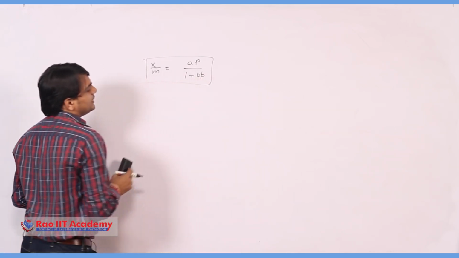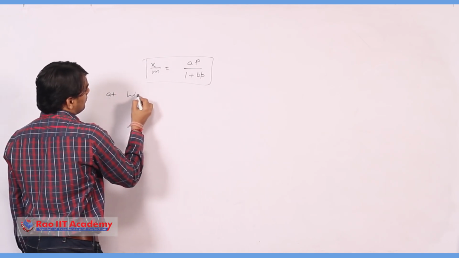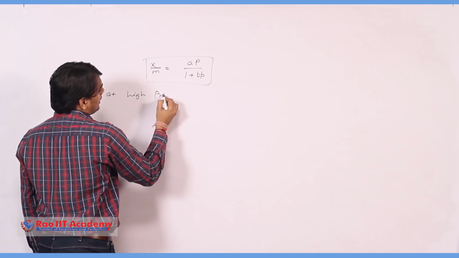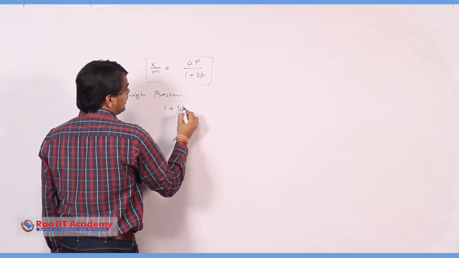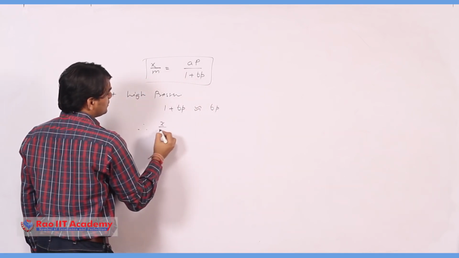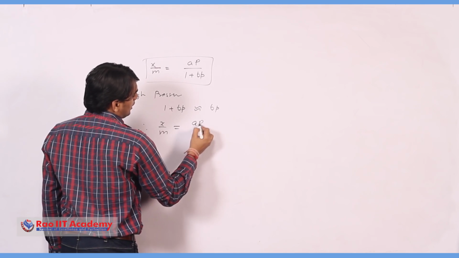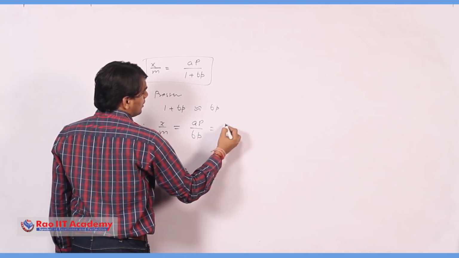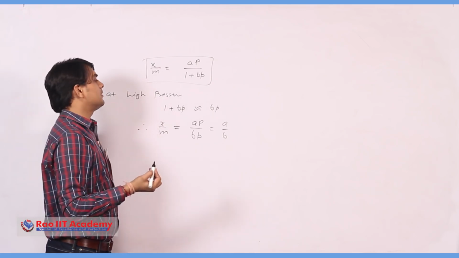So, if we apply it at high pressure, we can write 1 plus B P is equal to B P. Therefore, it becomes x by m is equal to A P upon B P, or we can say A upon B, and A upon B is constant.